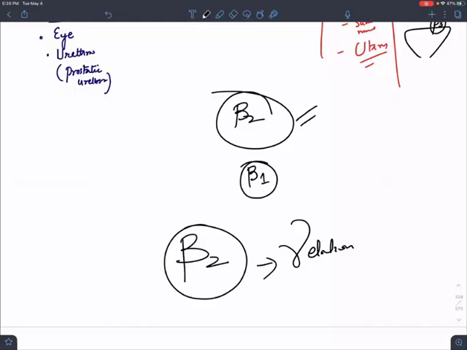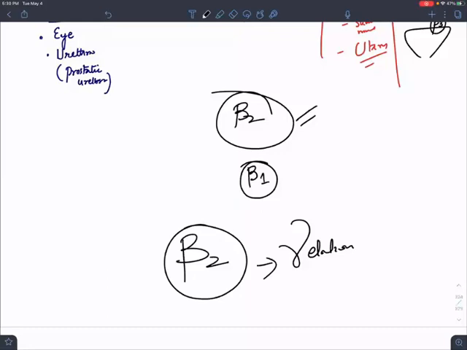You want them to dilate. That means which receptor will you use? Beautiful, guys. You are genius. We'll be using beta 2.